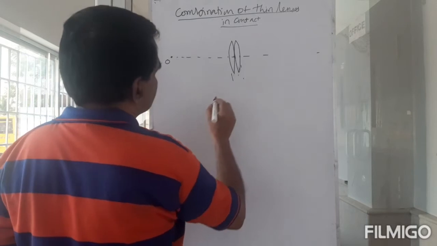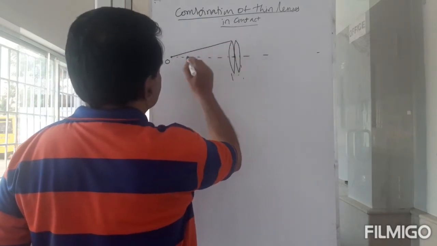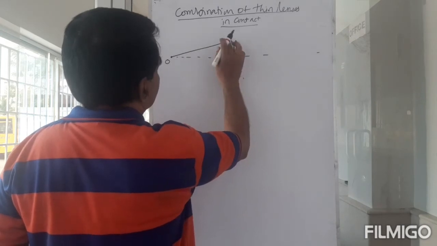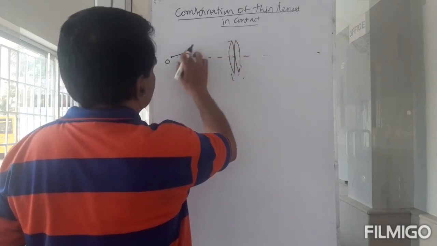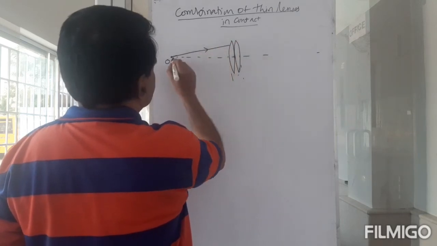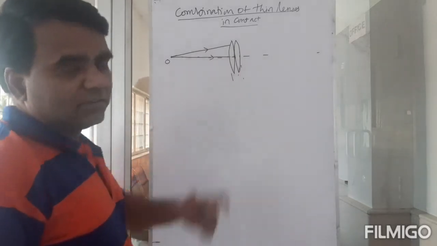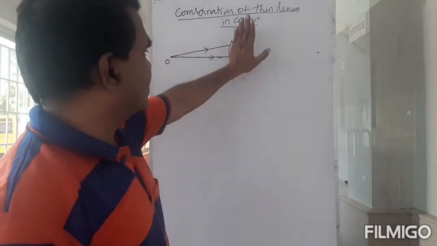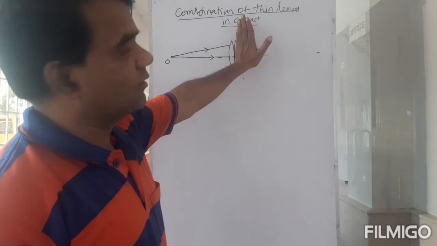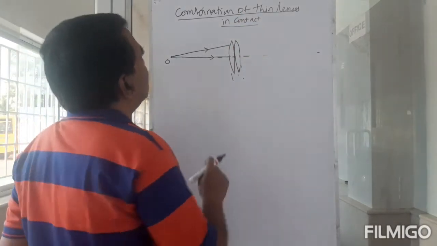And what will happen now is, these two rays I'm taking to find the image. First, let's suppose that this lens was not there. Just the first lens was the only lens.